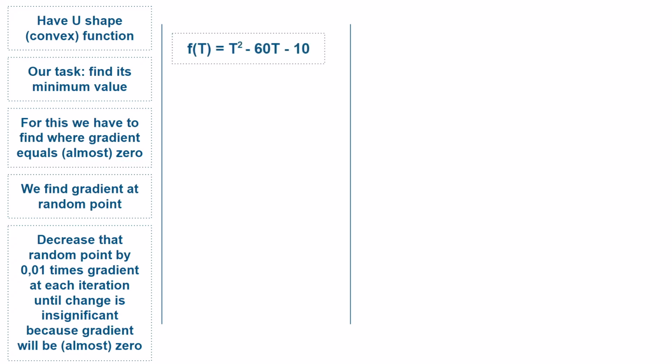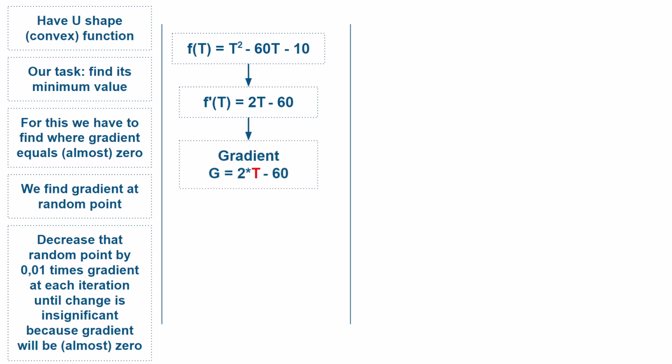We have a cost function and we find its derivative function. Then we find its gradient at a random point, and t here is a random number. Then we decrease t by 1/100th of the gradient. We will iterate this loop until the change in t is insignificant.